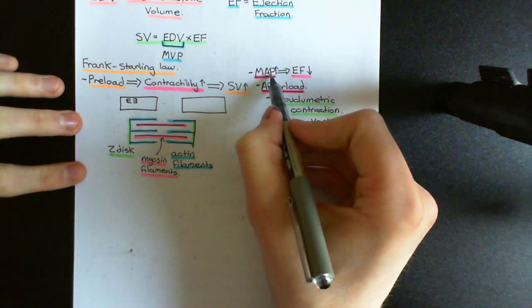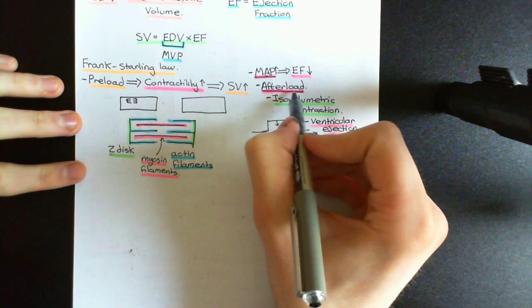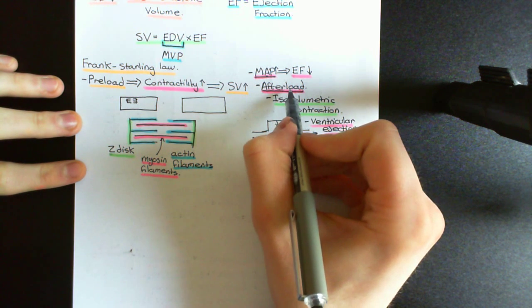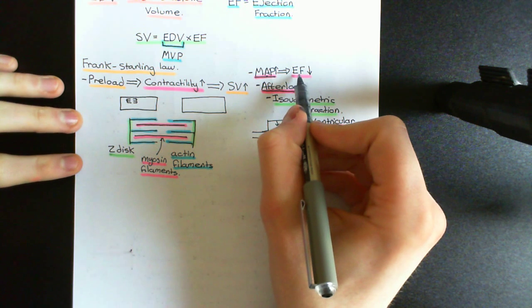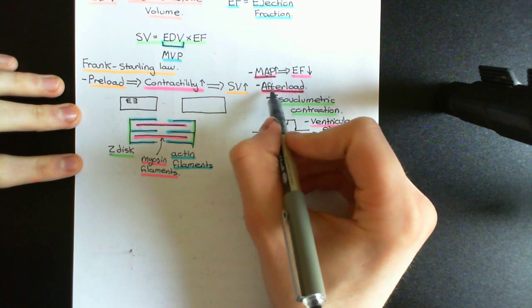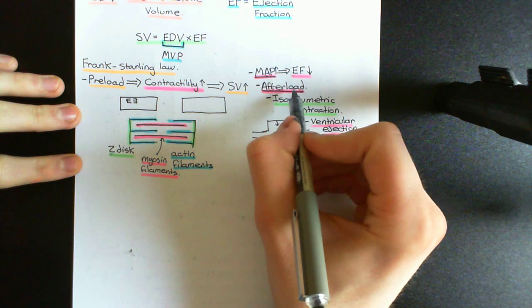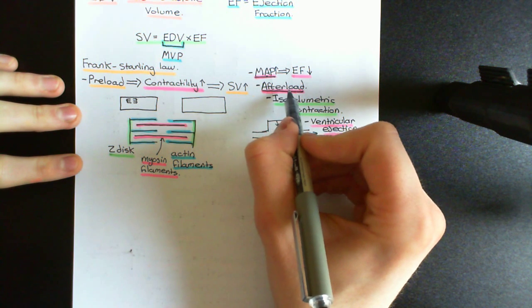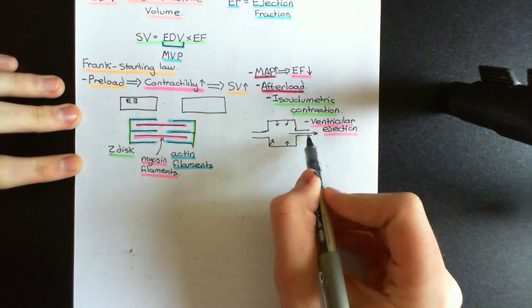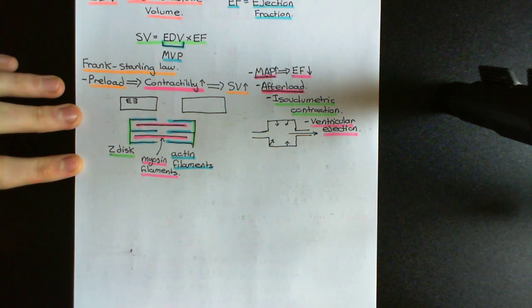So, if the mean arterial pressure is higher, then the afterload that the heart is going to have to get up to is going to be increased. And if the afterload is higher, then that means that the ejection fraction is going to go down, because the myocardium has a certain amount of energy that it's going to generate in this contraction. And if the arterial pressure is very, very high, then you're not going to get as much blood moving into the arterial system for that same amount of energy, because we're moving it into that high pressure area.